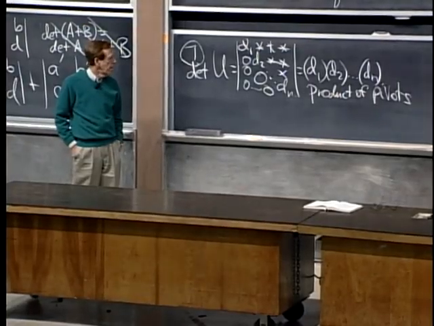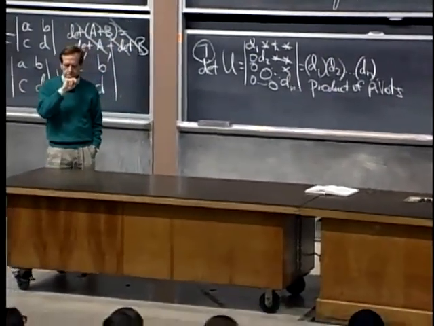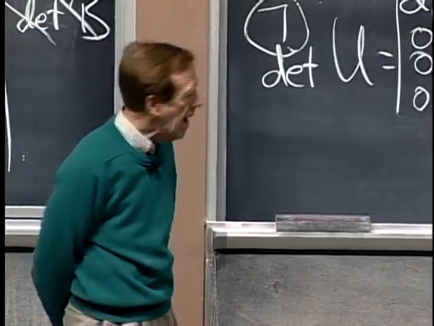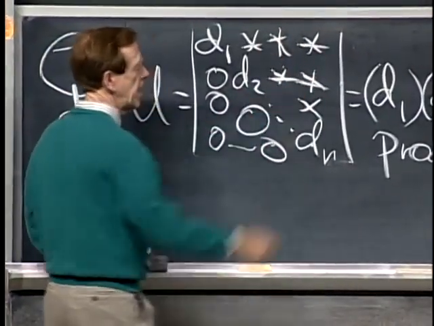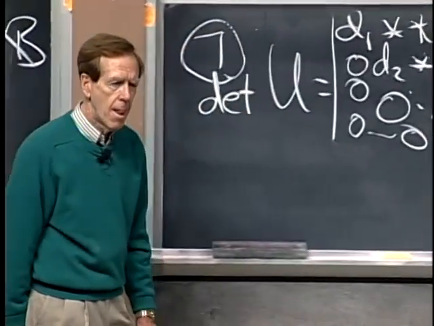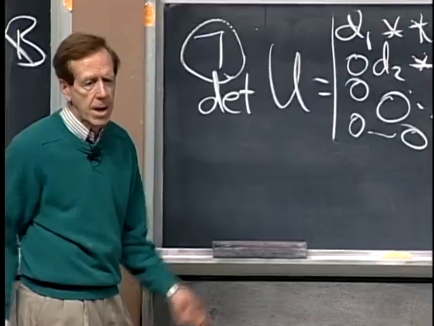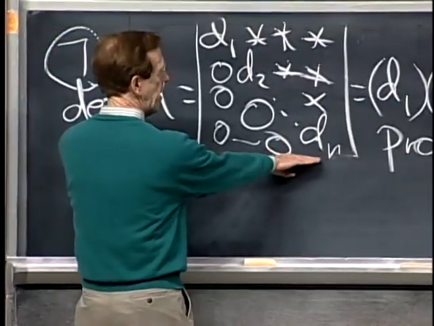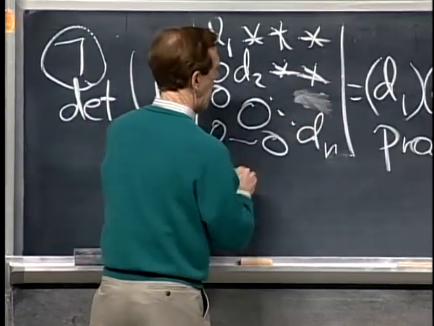Let me suppose the D's are not 0. The pivots are not 0. And tell me, how do I show that none of this upper stuff makes any difference? How do I get zeros there? By elimination, right? I just multiply this row by the right number, subtract from that row, kills that.